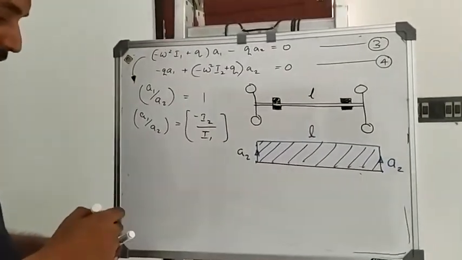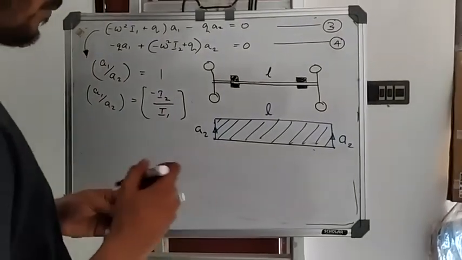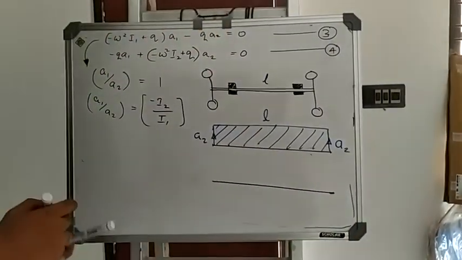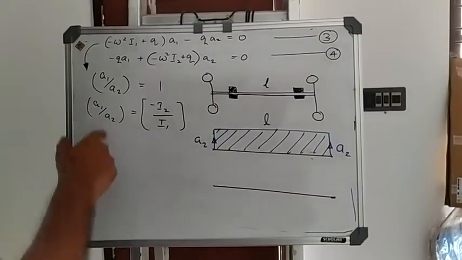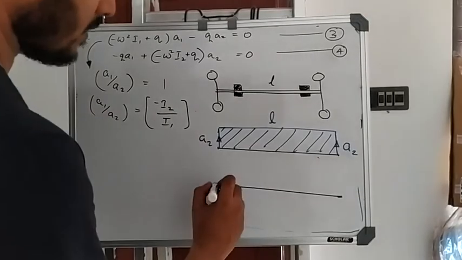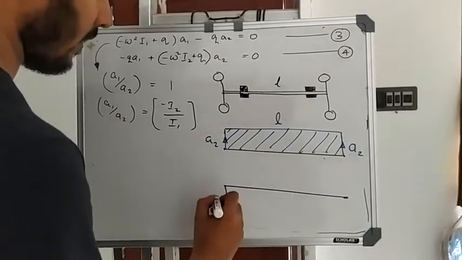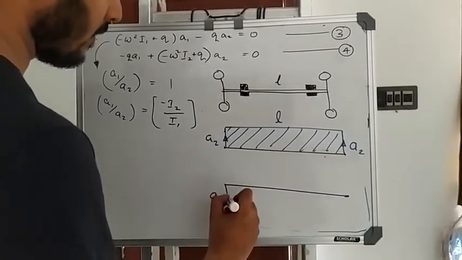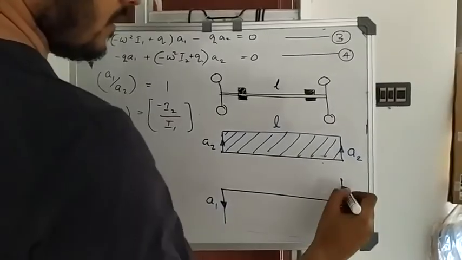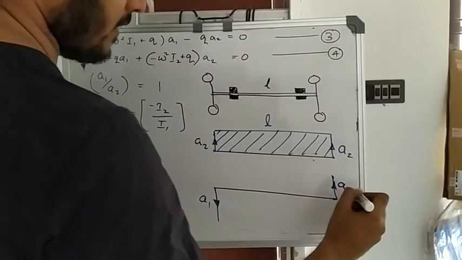Now, in the case of the second mode of vibration, let this be the total length L. We have obtained the ratio of amplitudes as minus I2 by I1. That means the value of A1 will be opposite to that of the value of A2, and the value of A2 will be like this.